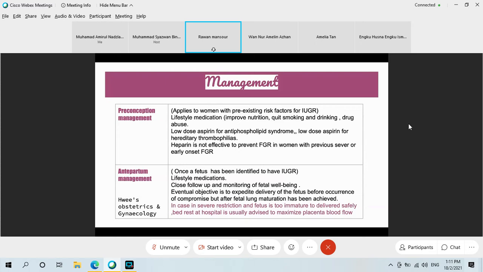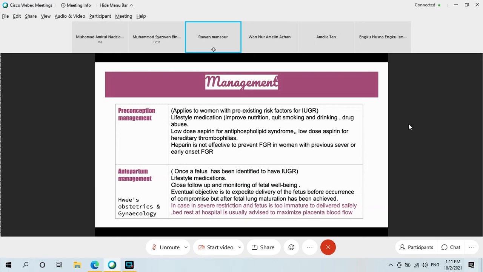Aspirin is shown to decrease the risk of IUGR in women having risk factors. Heparin is not effective to prevent FGR in a woman with a previous severe or early onset FGR.